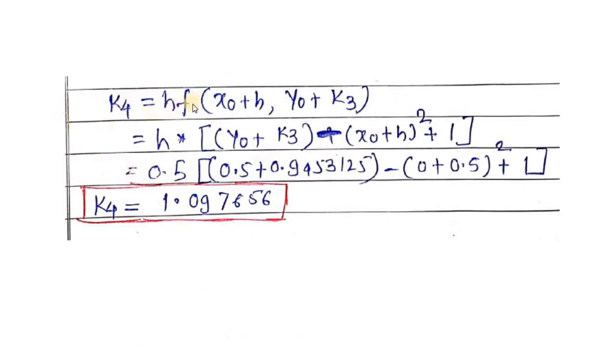Let us calculate k4. k4 equal to h into f of x0 plus h, y0 plus k3. So x0 is replaced by x0 plus h, y0 is replaced by y0 plus k3. Our function is y0 minus x0 square plus 1. So y0 plus k3 minus (x0 plus h) square plus 1. Putting all values, we will get k4 as 1.097656.